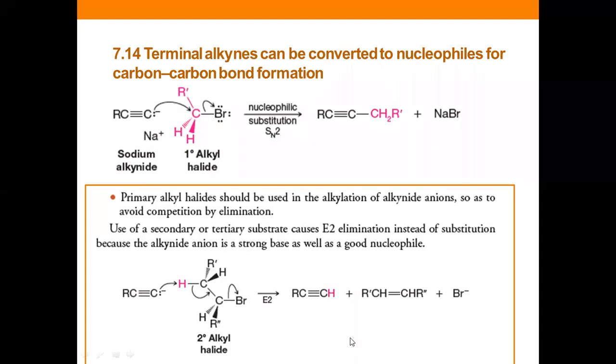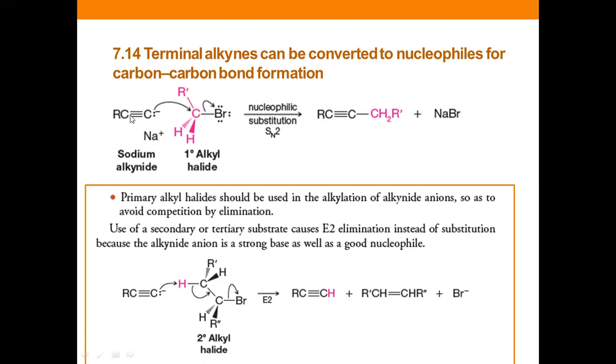You have a 1 degree alkyl halide and your alkynide can easily attack this one via the SN2 reaction here. A primary alkyl halide should be used in the alkylation of alkynide ions so as to avoid competition by elimination. We don't want this to proceed with the competition reaction via elimination.